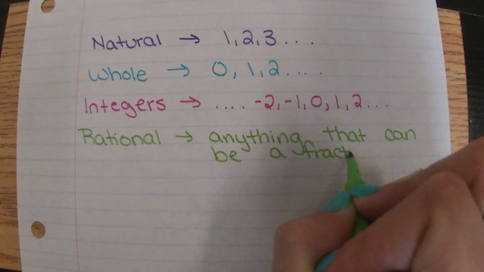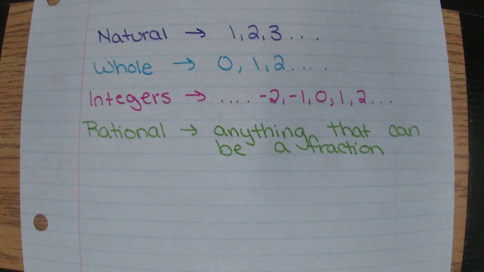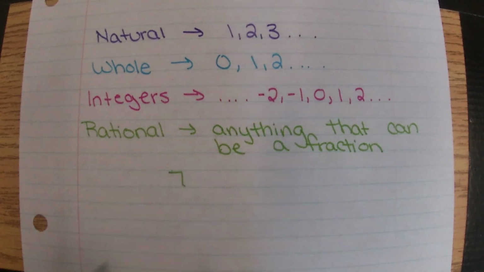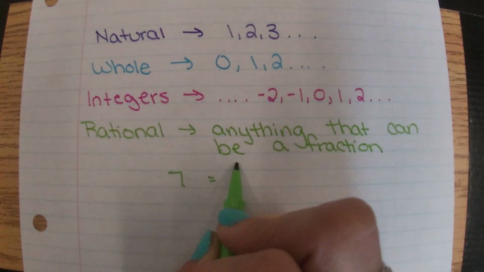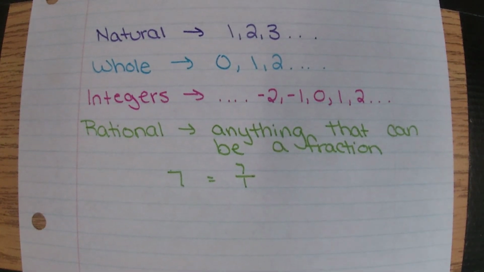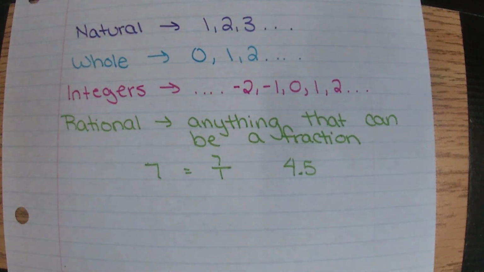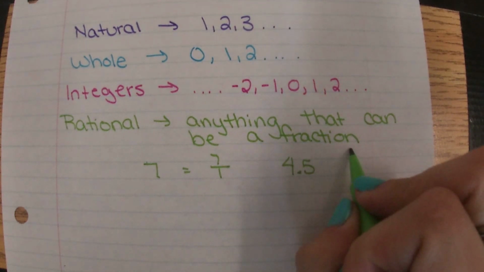Now, it might not look like a fraction, it just has to have the potential to be written as a fraction. Okay, so for example, 7 is rational because I could write that as 7 over 1. 4.5 is rational because I could write that as 4 1/2 or 9 over 2.